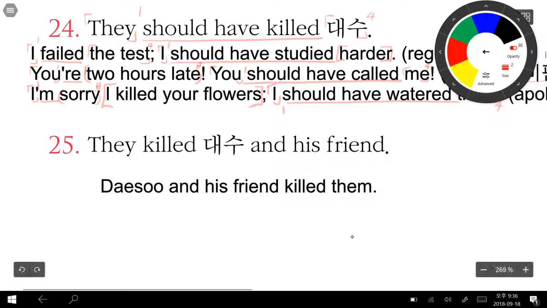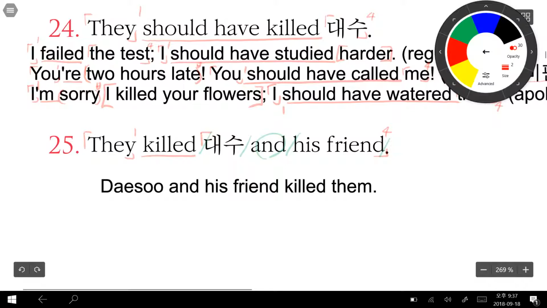They is the subject, killed is the verb, and both Desu and his friend are objects connected by the conjunction and. Desu and his friend are grammatically equal in this sentence. In other words, they are both objects receiving the action killed.